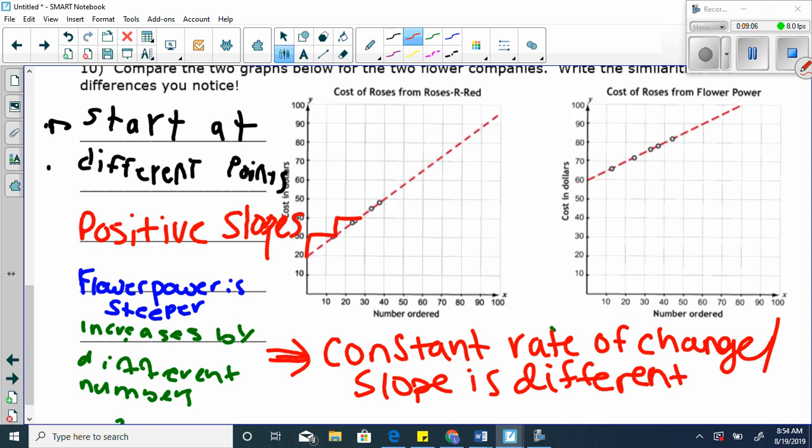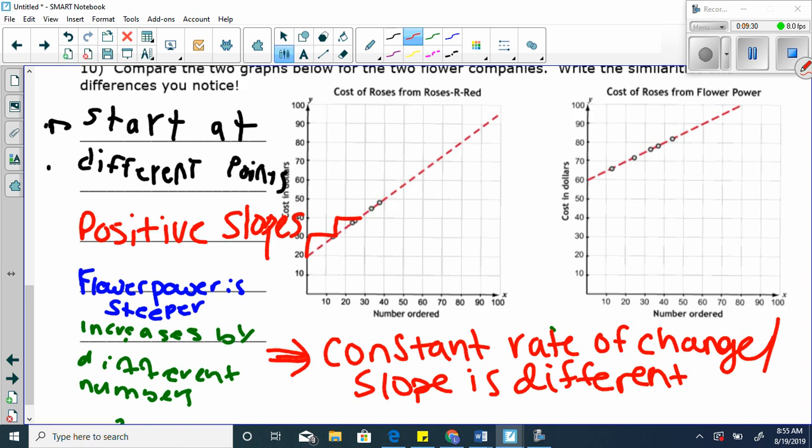Now we have that flower power is steeper. Is that true? Flower power is higher. It starts higher up. But is it steeper? What does steep mean? Which would you say is steeper?